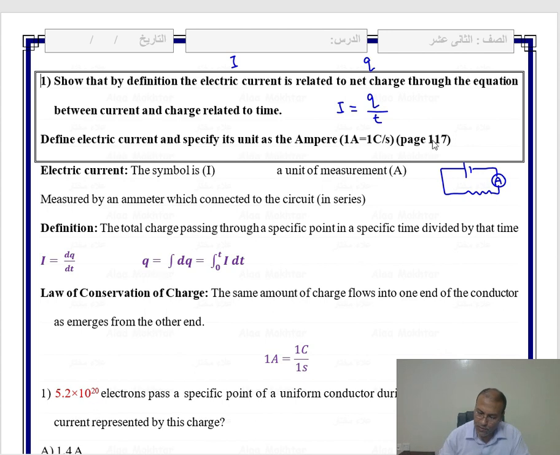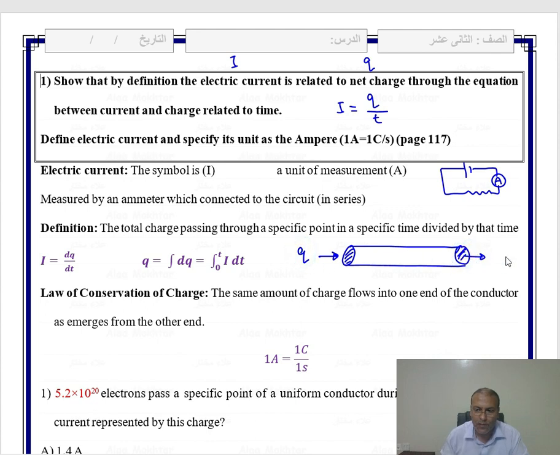On the same page, number 117, there is the law of conservation of charge. The law of conservation of charge says that the same amount of charge flows into one end of the conductor as emerges from the other end. If we have a conductor like this, the charge entering this side must equal the charge leaving the other side at the same time.